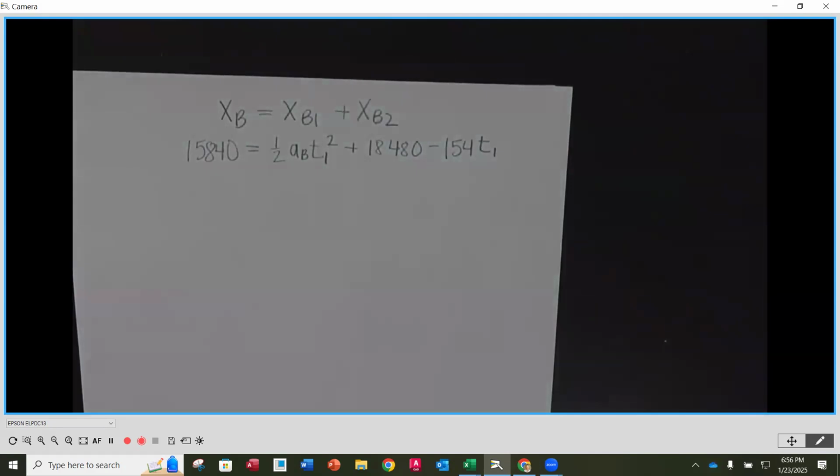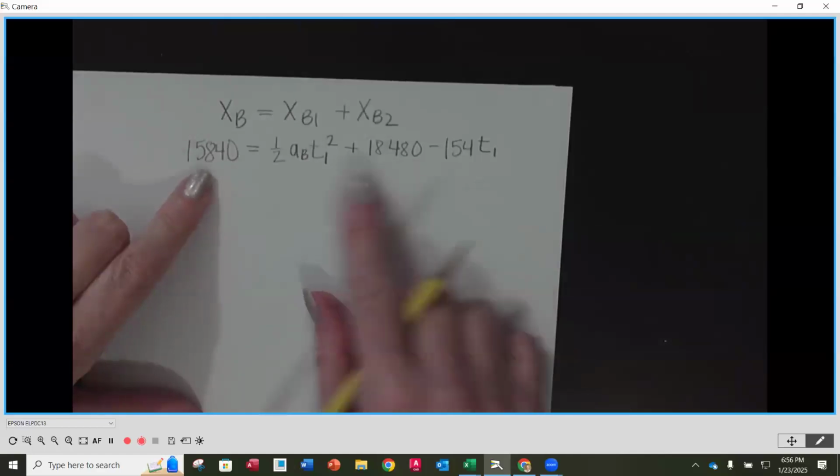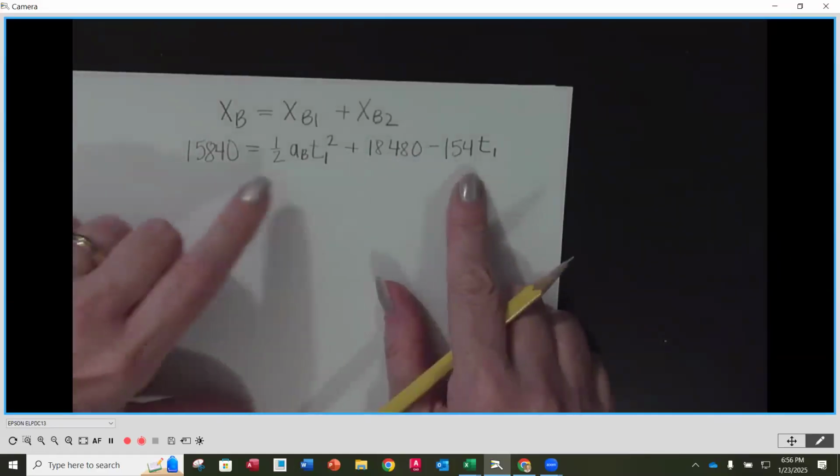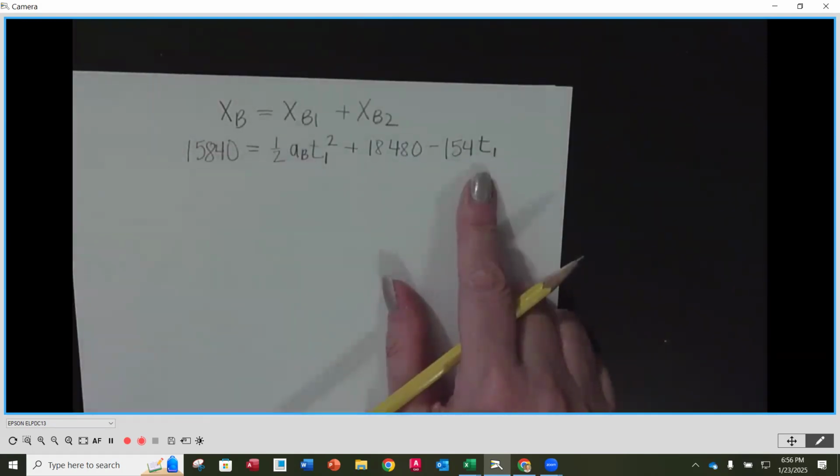Now we've got some things that we can combine. We've got 2 constants here that we can combine, so I'm going to put those 2 together. You're probably already noticing we've got our T1 squared and we've got our T1, so there's a good chance that we might be able to take advantage of that. Maybe. We'll see.